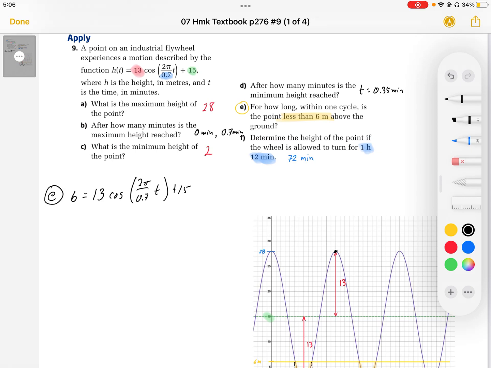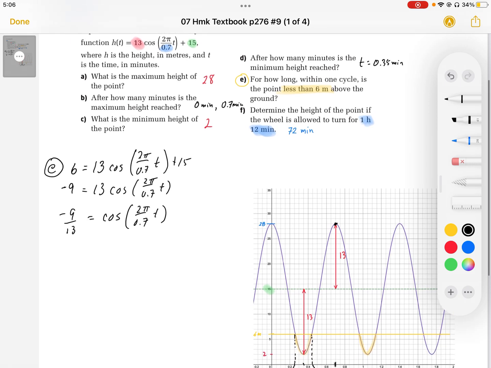Solving this, we're going to undo the plus 15 first, so we end up with negative 9. We're going to divide both sides by 13. And then we're going to undo the cosine with an arc cos, or inverse cosine function.